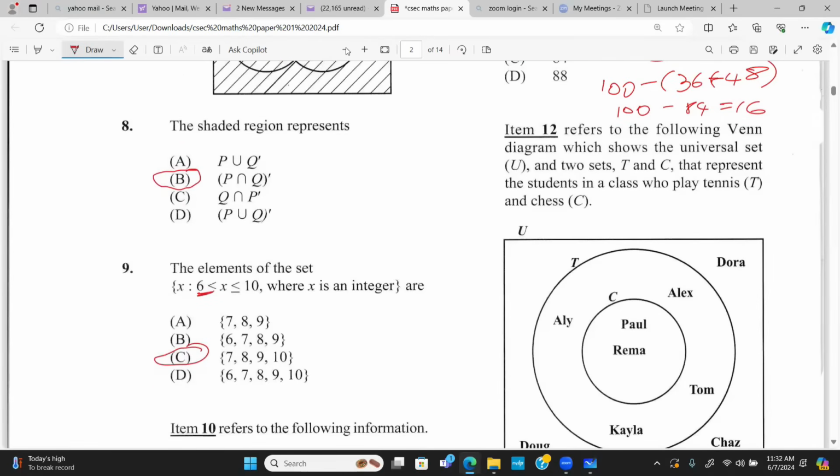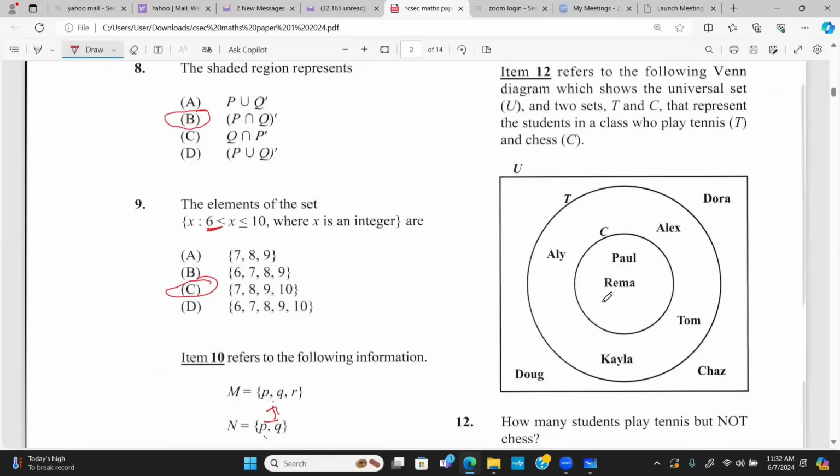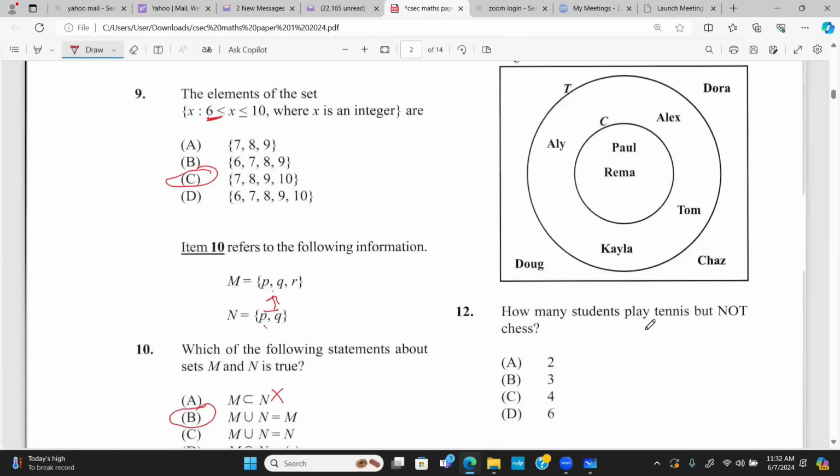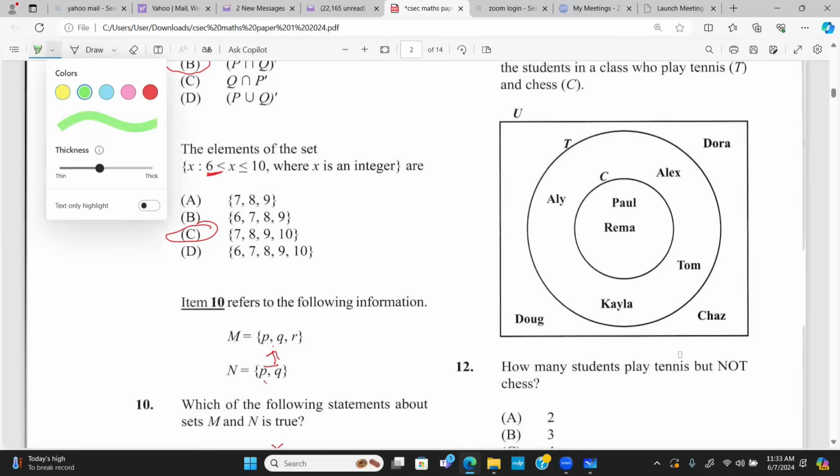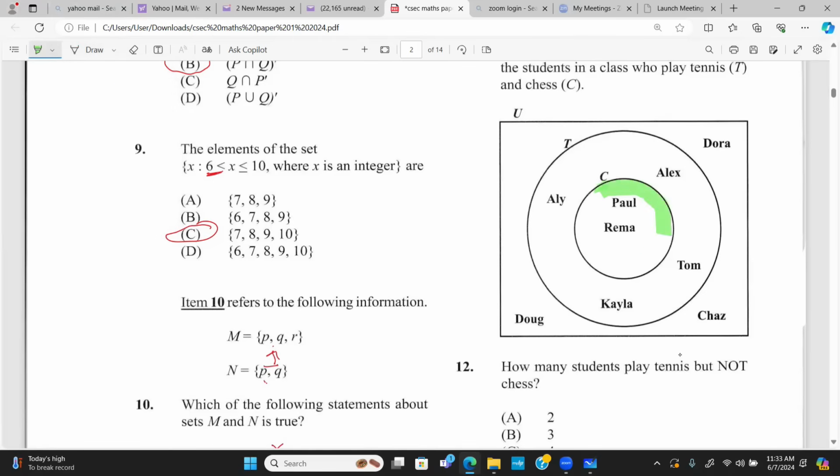Number 12. How many students play tennis but not chess? What you want to do is make sure that you exclude those that are in this area. We're going to exclude this.